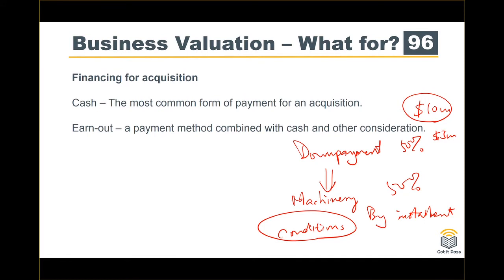For example, if the buyer expects the company can generate say 5 million in 2 years, but it cannot do it, then the buyer can pay less, because it cannot meet the target set by the buyer. So that's the advantage of it.